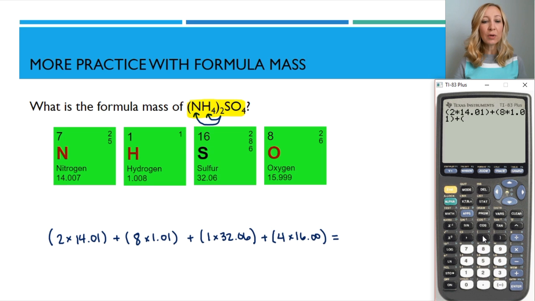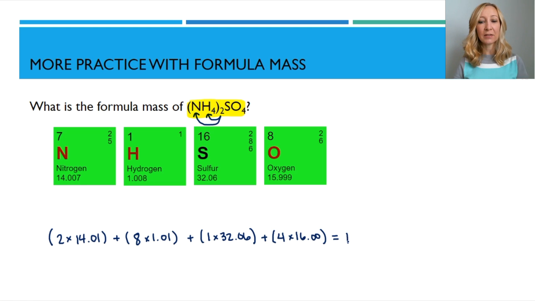So I have 2 times 14.01 plus 8 times 1.01 plus 1 times 32.06, and you can leave the 1 out, plus 4 times 16.00. And when I add all of this up, I get 132.16. So that is how you calculate and find the formula mass, or the molecular mass, or the molar mass of a substance.